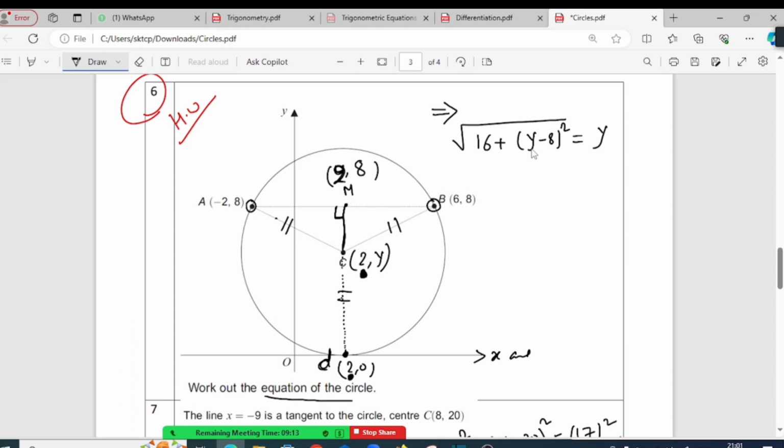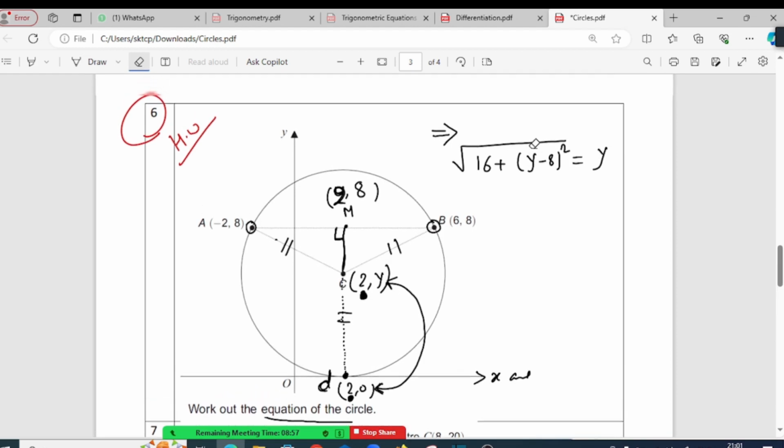Any problem? See, whenever one coordinate is the same, just take the difference of the second coordinate. So the difference of y and 0 will be y directly.